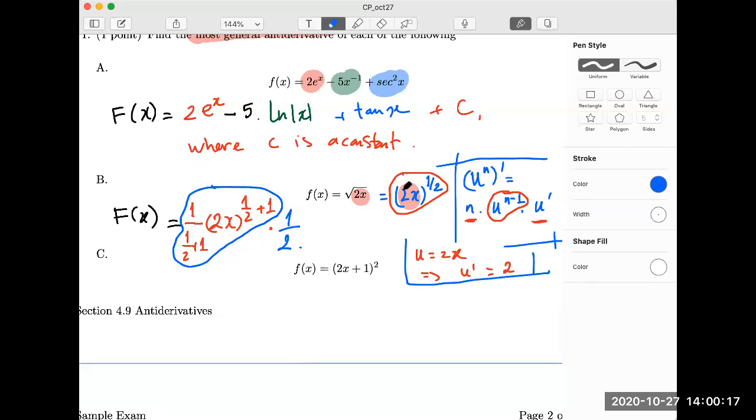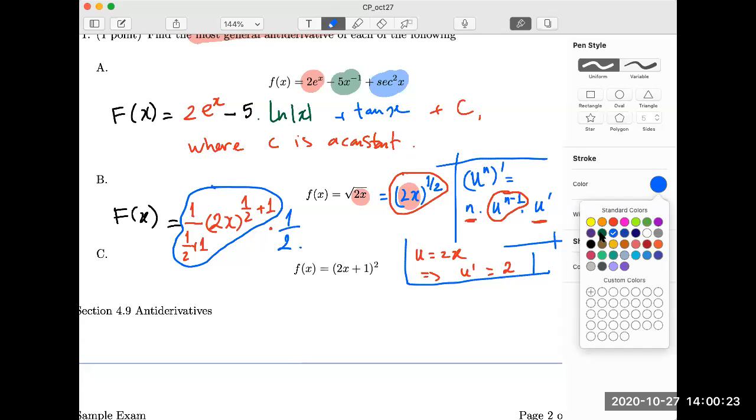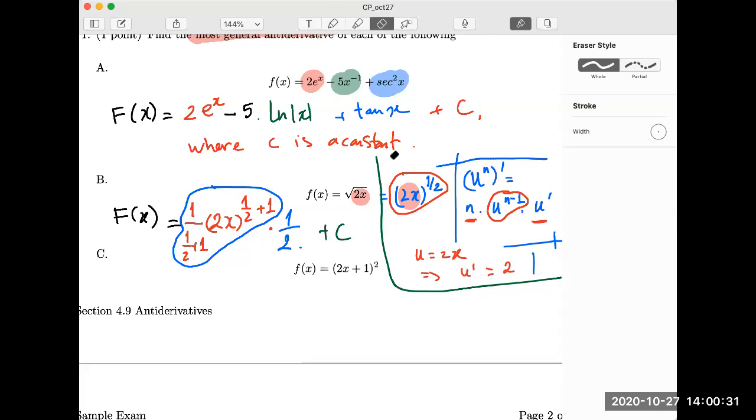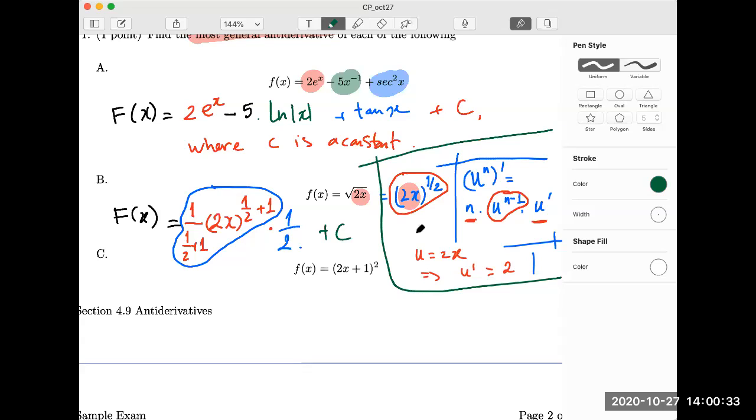So, therefore, let us simplify it. And remember, we should add a constant c. Then we simplify it. This here will be a 3 over 2. Flip it, it will be 2 over 3.